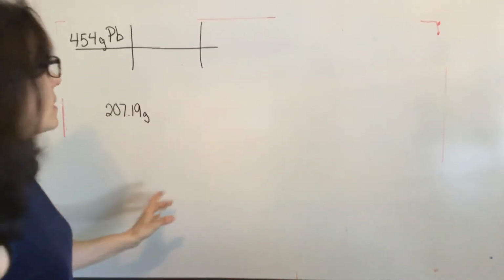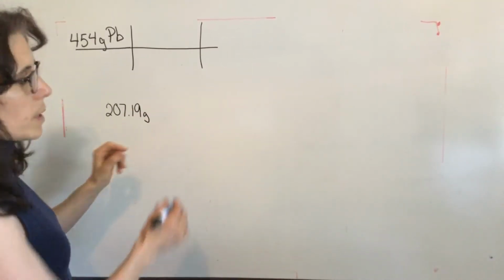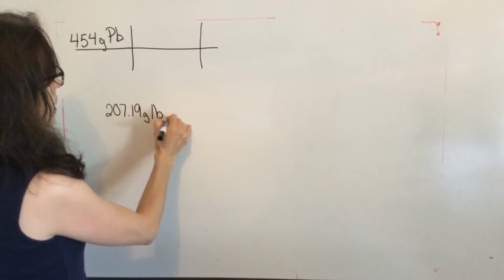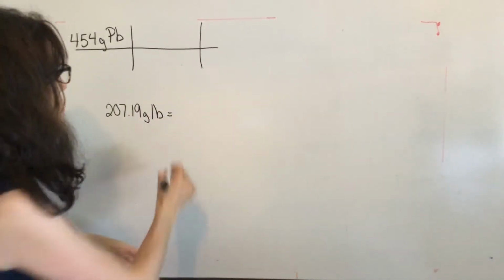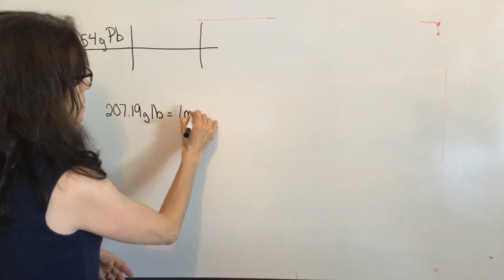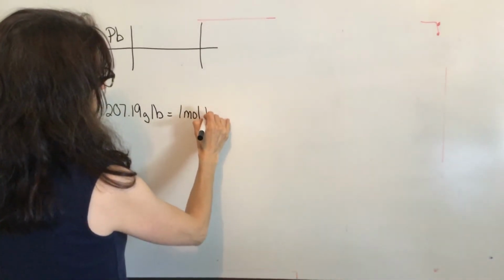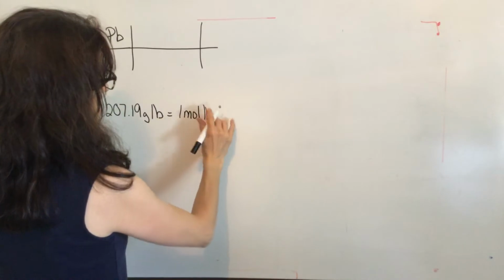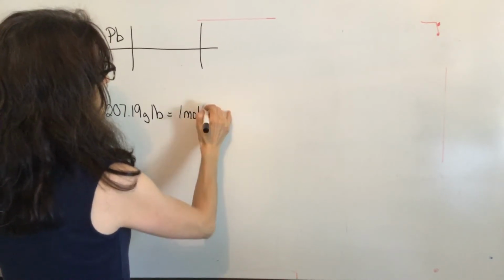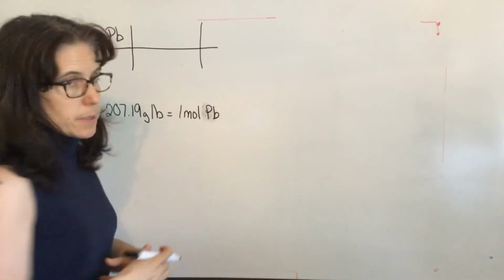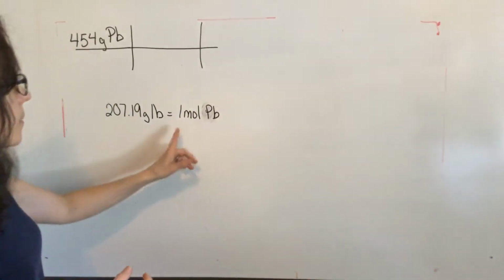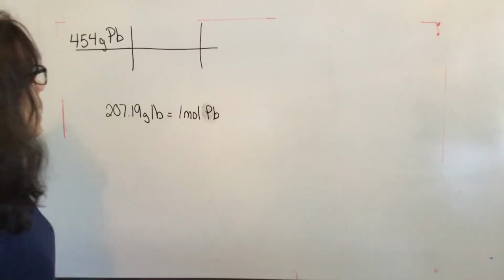For review, what this means: 207.19 grams of lead are equal to 1 mole, that huge number of lead atoms. Sorry, I meant to write PB. Moles of lead atoms. All right, and we could just say moles of lead.